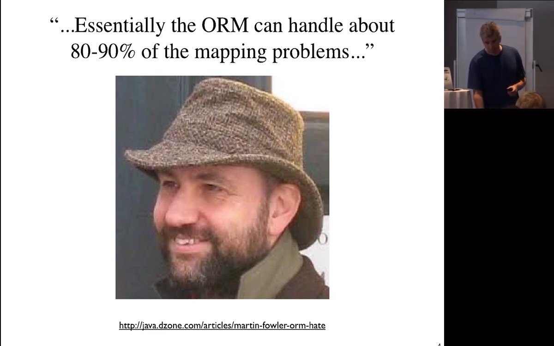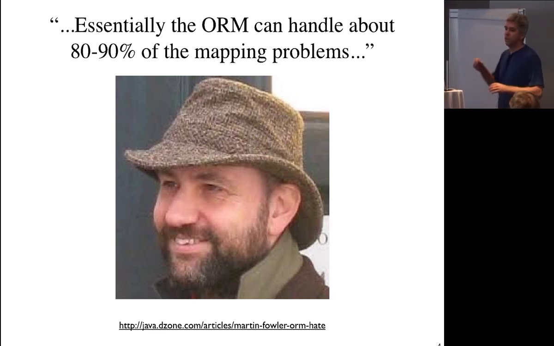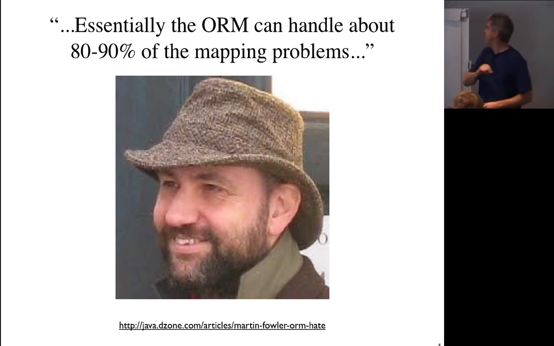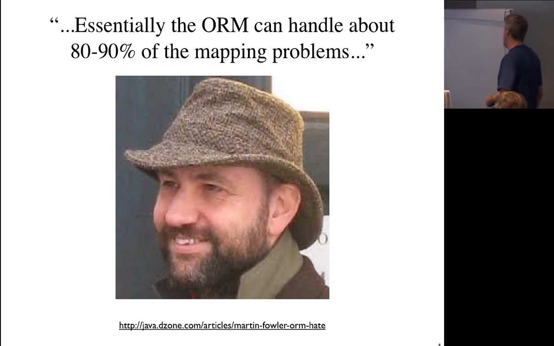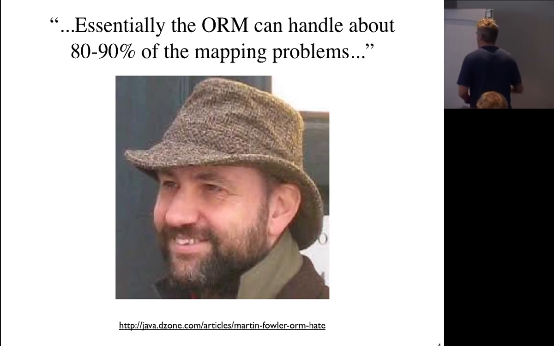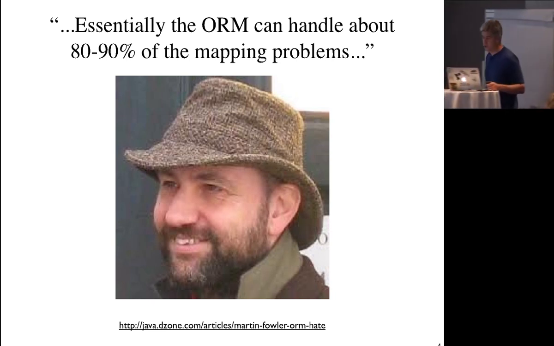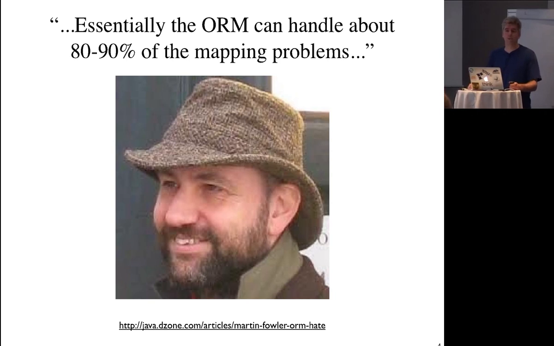A big piece of his argument, and a lot of people make this argument, is that this is good, but it's only good for a significant fraction of the problem, not the whole problem. So you can use object relational mapping, and it will get you 80% or 90% of the job done, and then you'll do the rest somewhere else, and that's way better than nothing. 80% solutions are how we built the world.